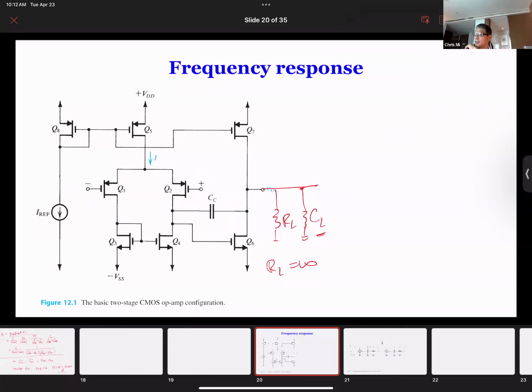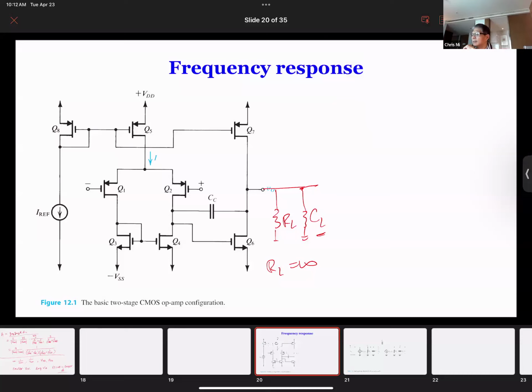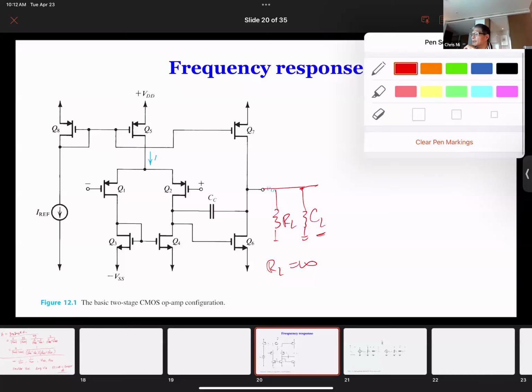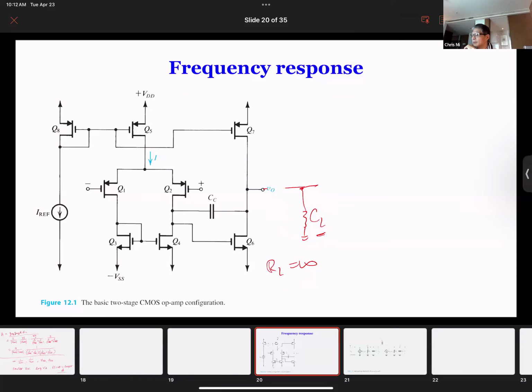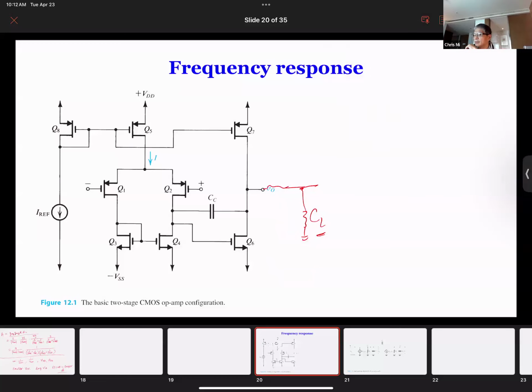The current source and the current mirror generally will not impact the frequency response. Just to make it clear, what we're looking at next time is the circuit over here. This is our frequency response circuit. And we're going to redraw the circuit.